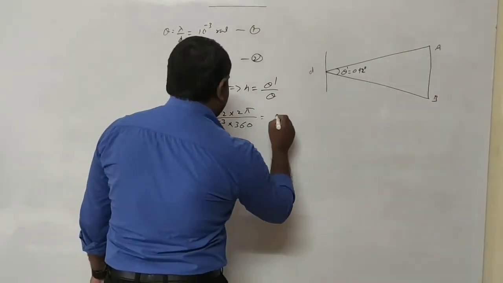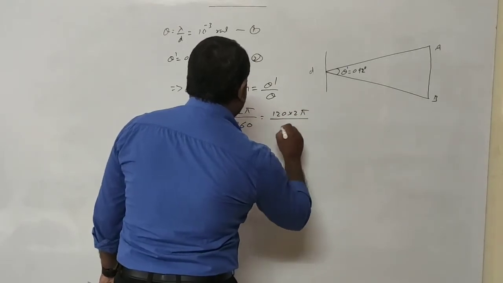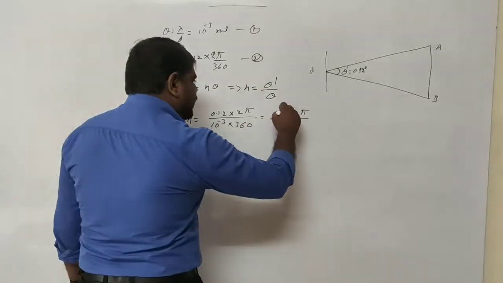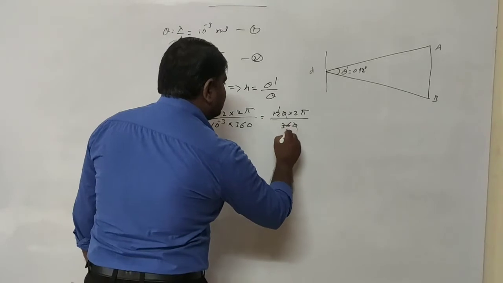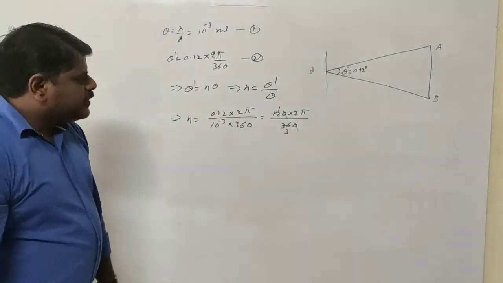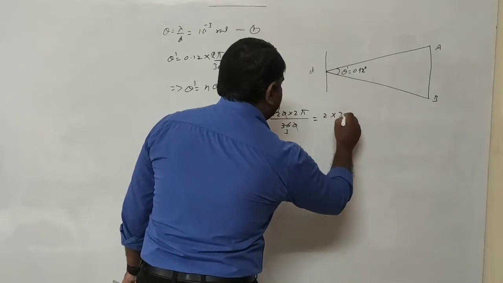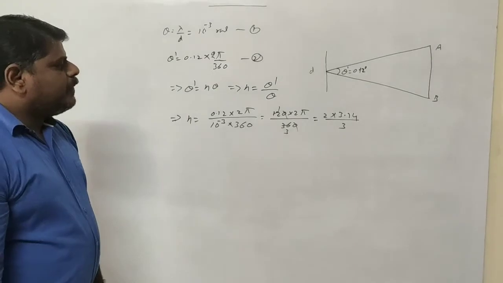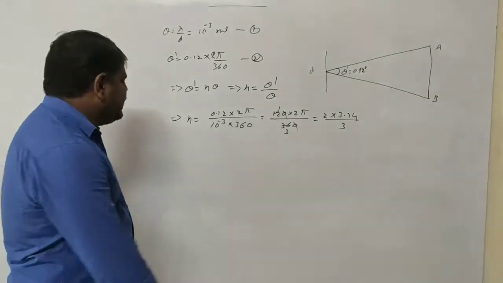It becomes 120 into 2 pi by 360. The zeros are cancelled, 12 ones are, 12 threes are. Now it is 2 into pi value 3.14 by 3.